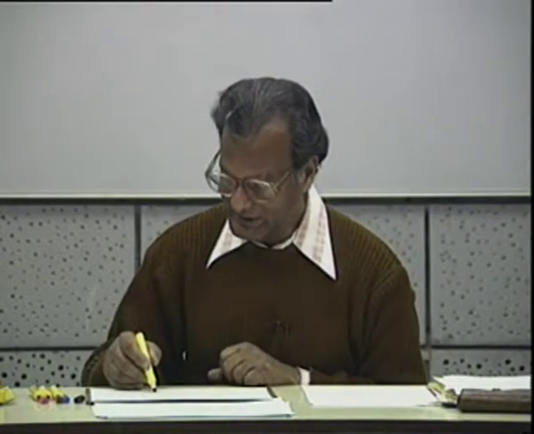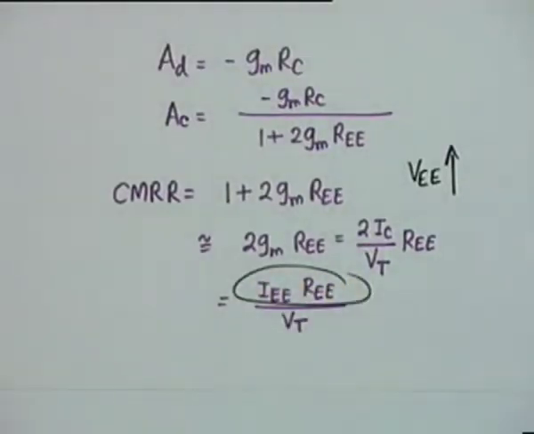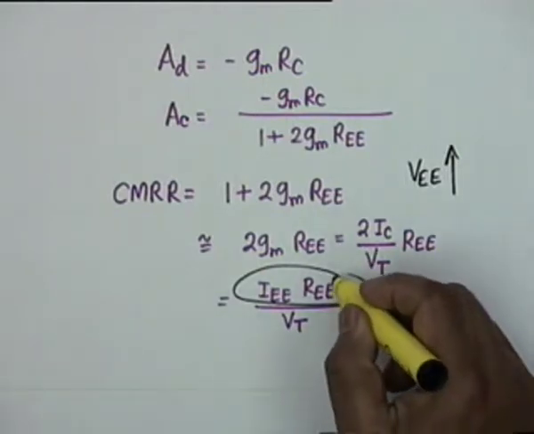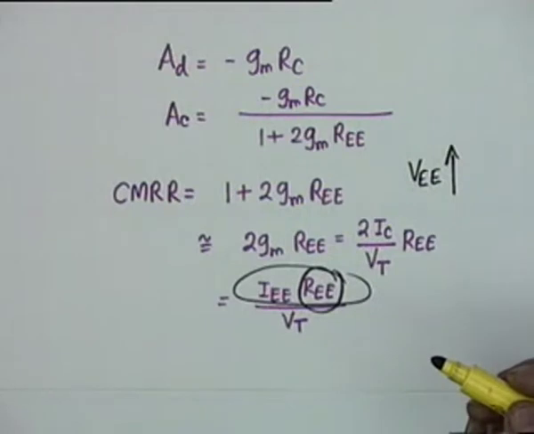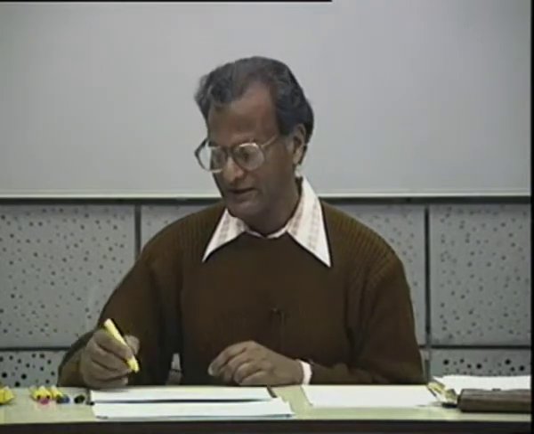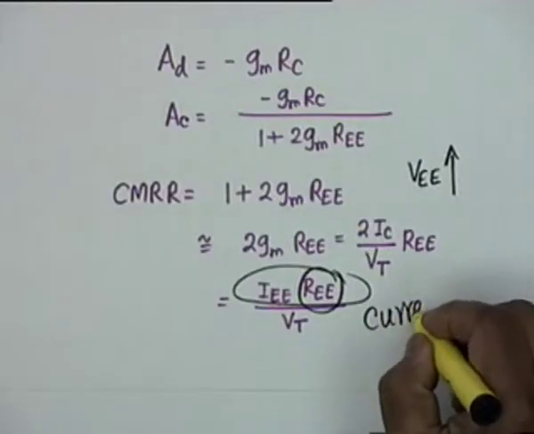So we have to devise something to increase this factor IEE-REE, and what is done is to increase REE by an indirect means, that is, replace REE, that lumped resistance, by a current source.